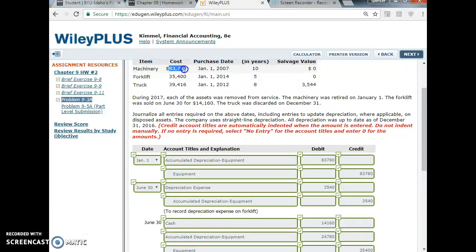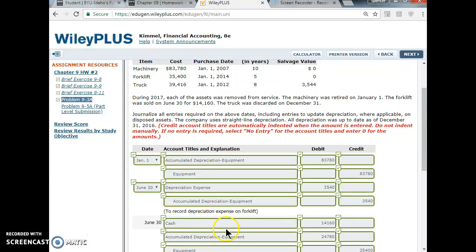So we just take the total of $83,780 and put that as a debit in accumulated depreciation equipment, and then the equipment goes down by $83,780 as a credit over here, because the equipment is usually a debit account, but now it's being credited because it doesn't have any more use for the company.